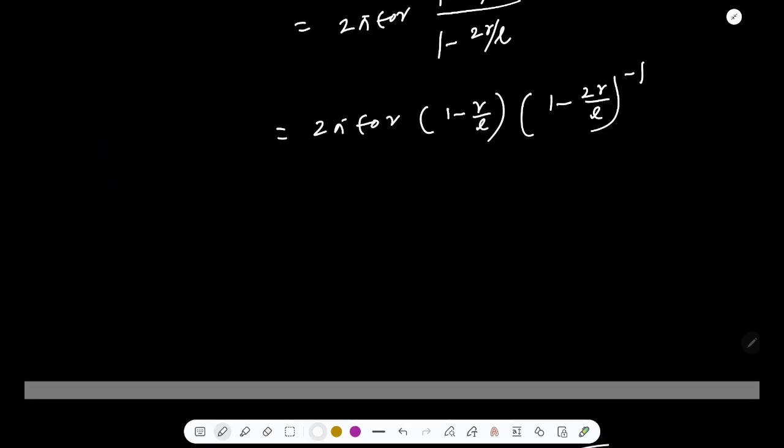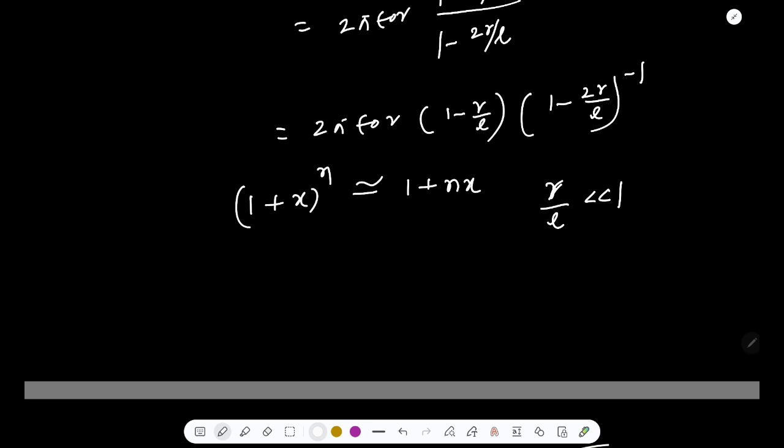If you want to use the binomial approximation, where we simply write (1 plus x) raised to n as 1 plus nx, of course x is much less than 1, and here it is the case: our x becomes R by L, and since R is much less than L, R by L will be much less than 1.